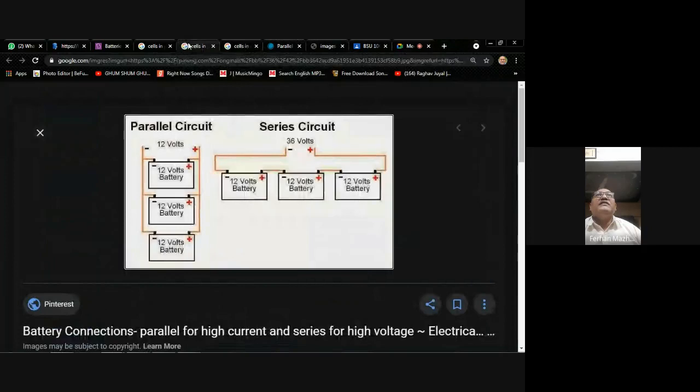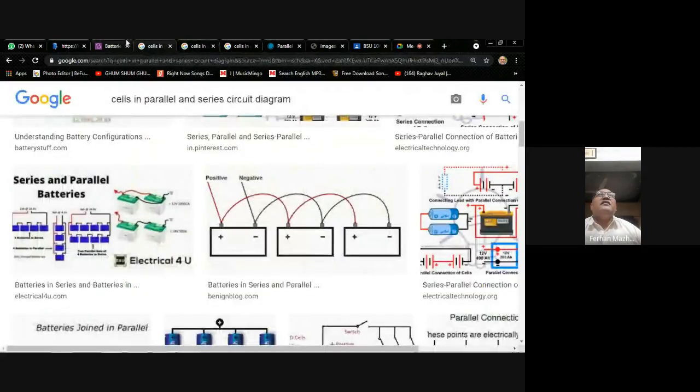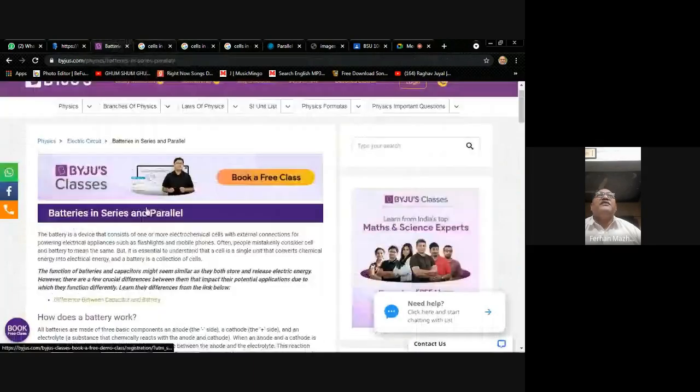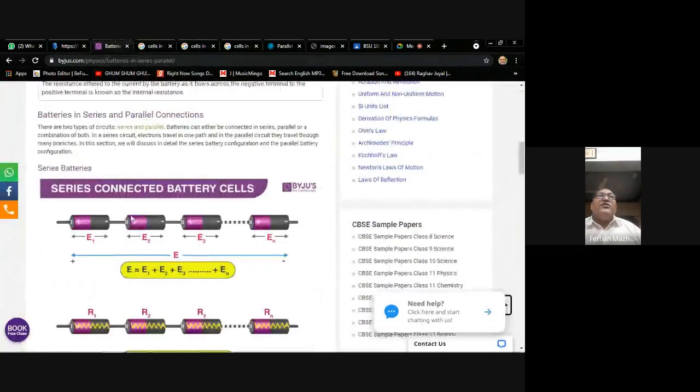I have taken out a diagram here. Here you can see that in this diagram, I have tried to show the actual diagram of the cells. You can see here I have connected the negative of cell number one with the positive of cell number two.